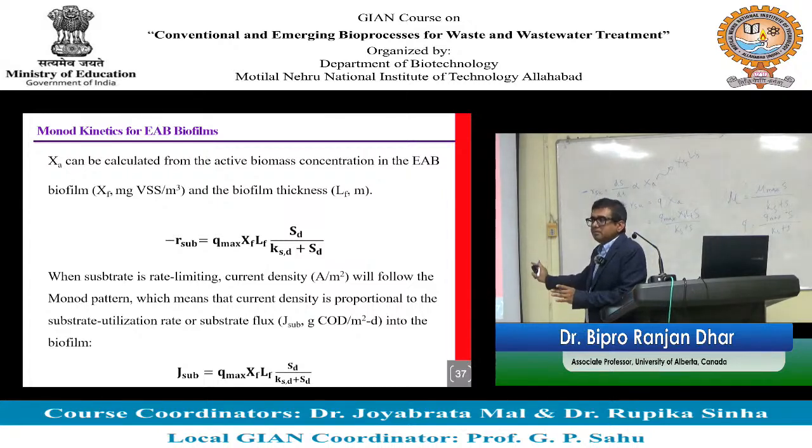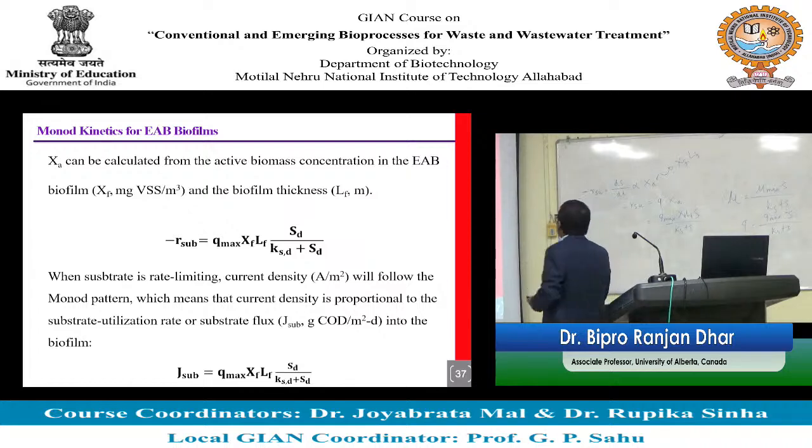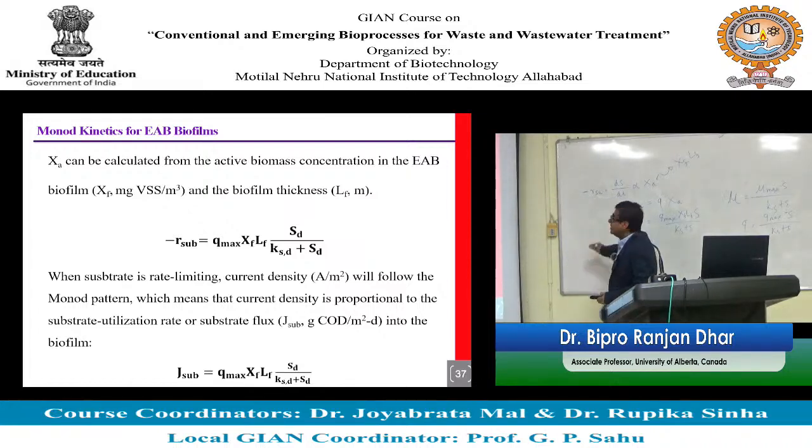We are good? Okay. Now, when substrate is rate limiting, then current density will follow the Monod pattern. This is a special system. Instead of substrate concentration, we can replace that with current density, with substrate utilization rate. The substrate utilization rate, or substrate flux, is going to be the current density in the system.